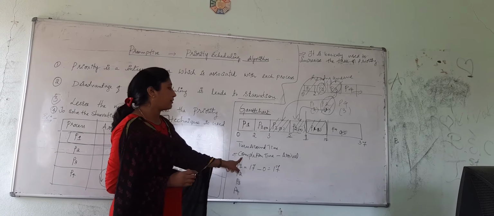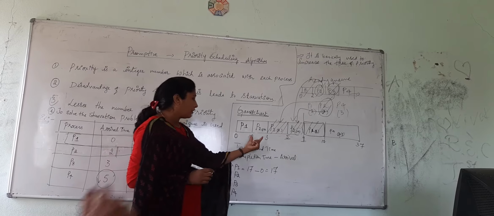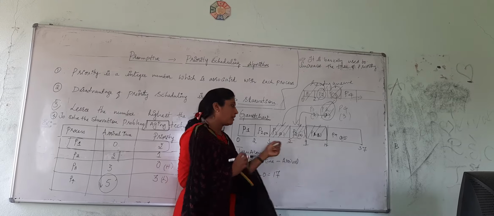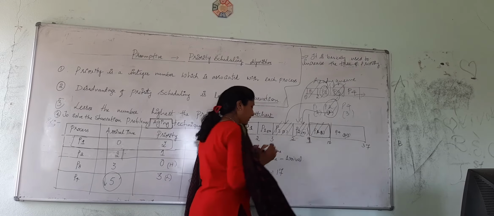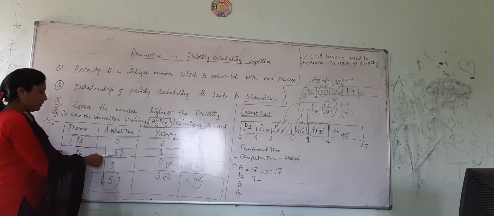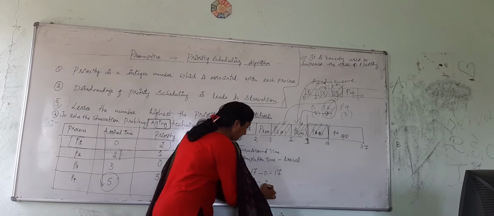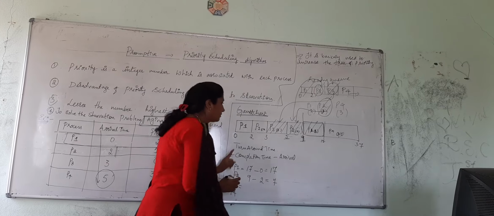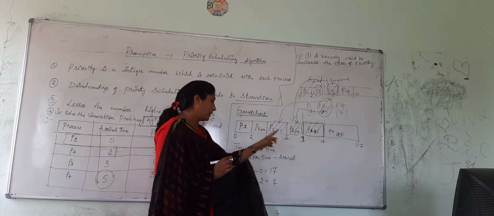P2. Where is the completion time of P2? 9. Do we consider the earlier one? No, because the process is completed here, at 9. Therefore, 9 minus the arrival time of P2, which is 2. For P3, the completion time is 5 milliseconds.